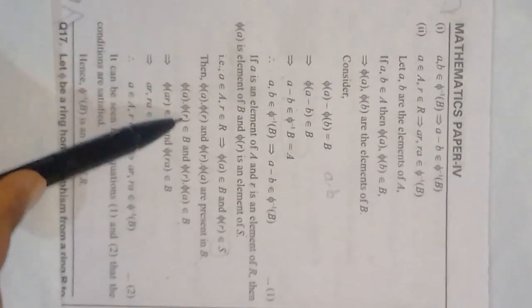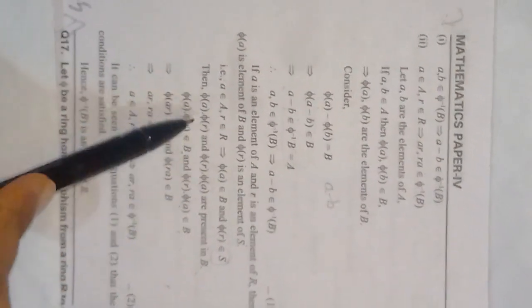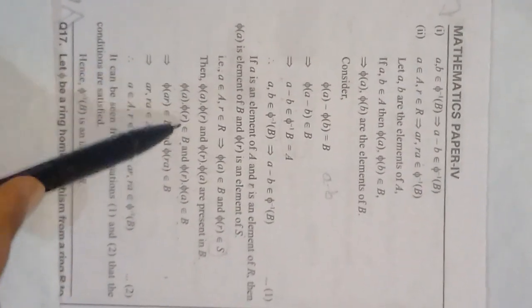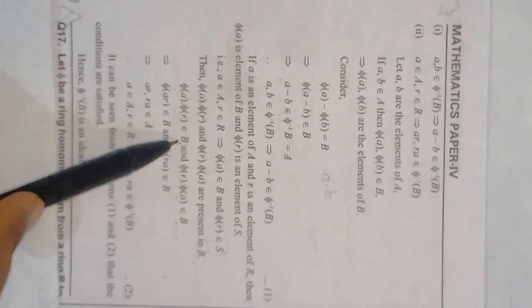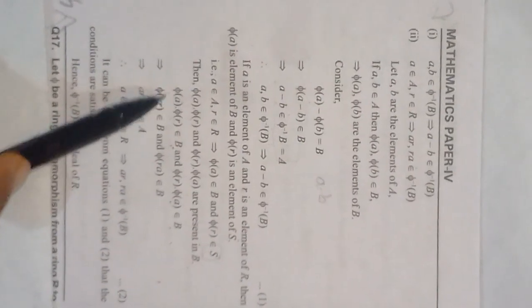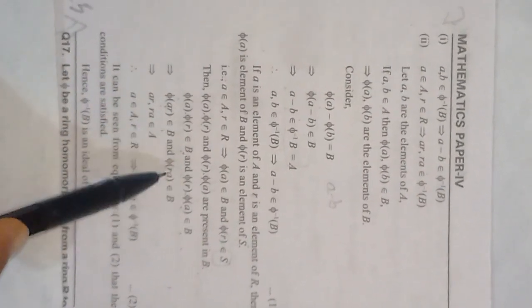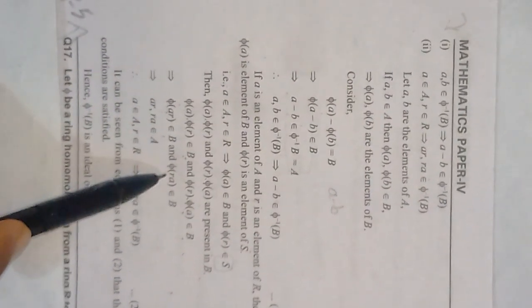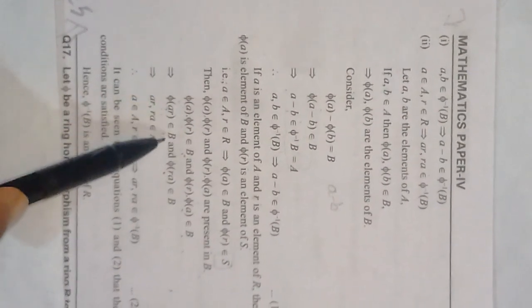Now pi of a into pi of r belongs to B, and pi of r into pi of a belongs to B, and we can write these, using the multiplication homomorphism, as pi of ar belongs to B. This we can also write as pi of ra belongs to B. Now pi of ar belongs to B means, how are we writing ar, ra?